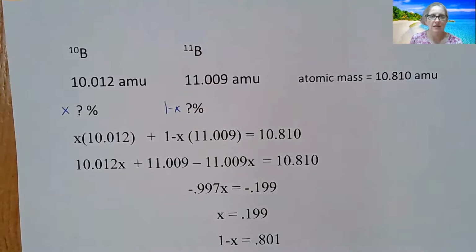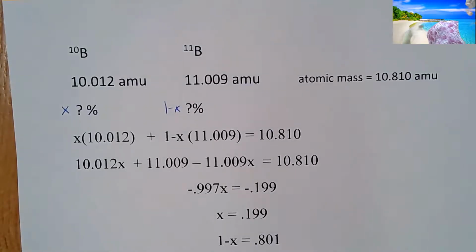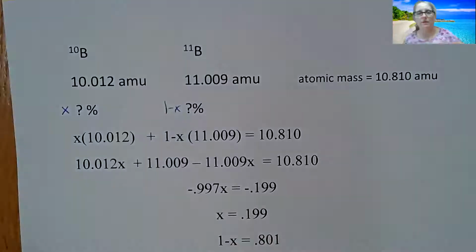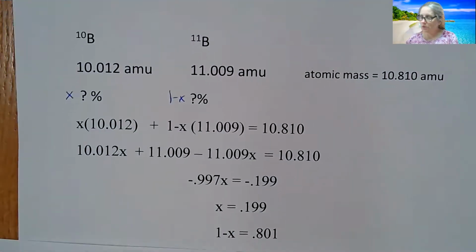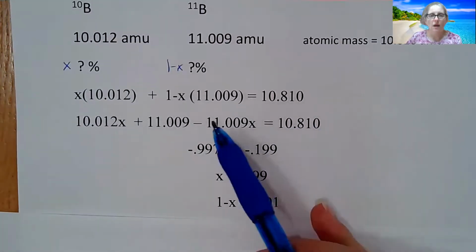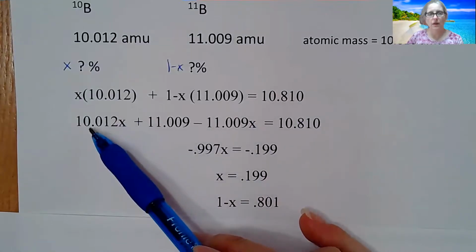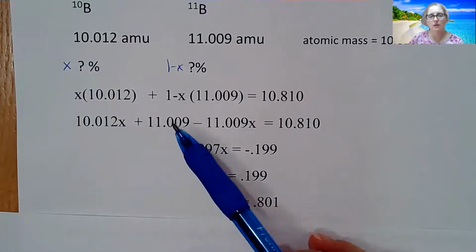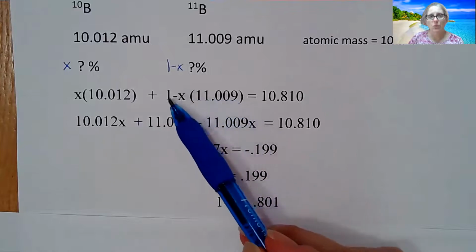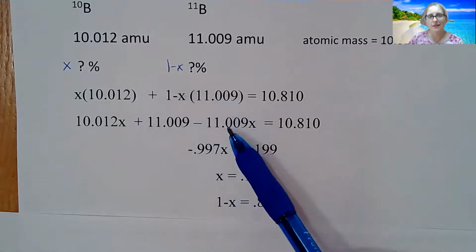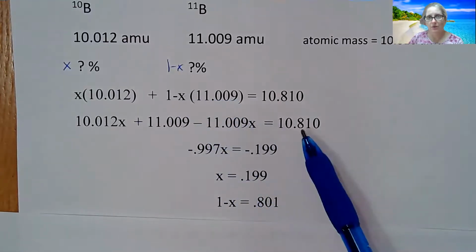So I take the algebra skills that I have and do some simple algebra. I multiply through. So I have 10.012x plus 1 times that number minus x times that number is equal to this number.